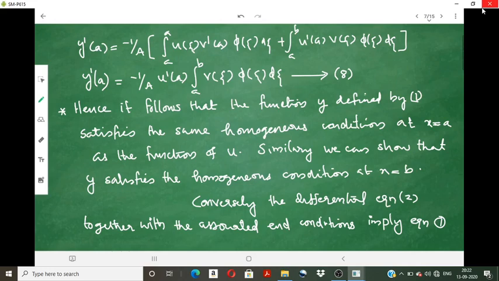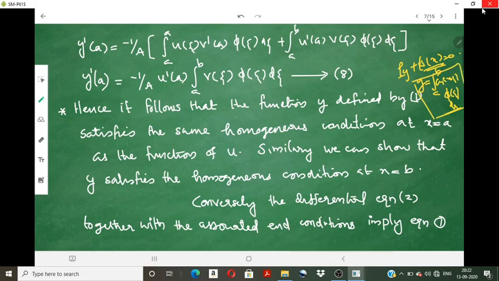The second part we have already proved by the construction, by the definition of the Green's function. So for the equation Ly plus phi of x equal to 0, if phi is a direct function of x alone, then the integral from a to b of g of x theta phi theta d theta will give a solution for the differential equation.